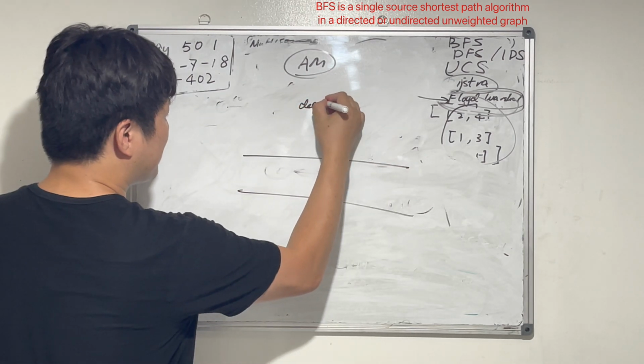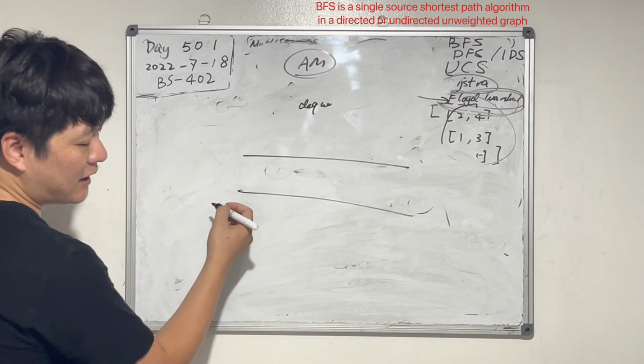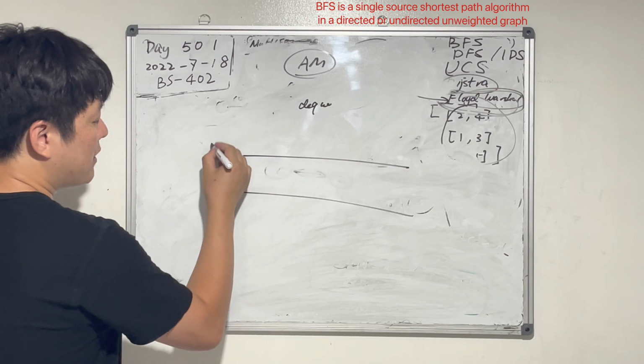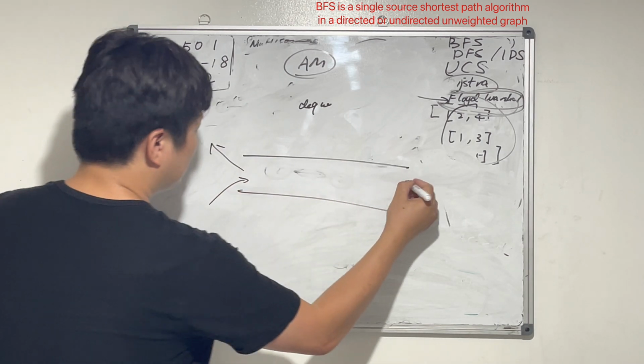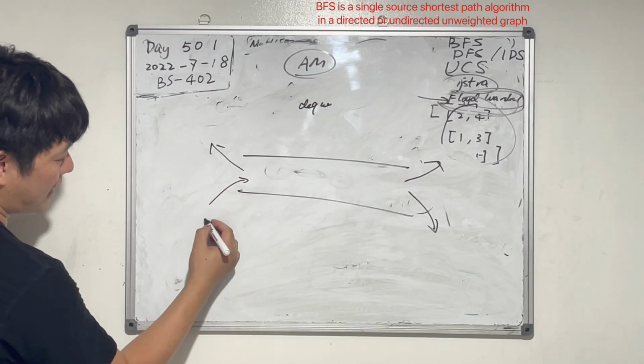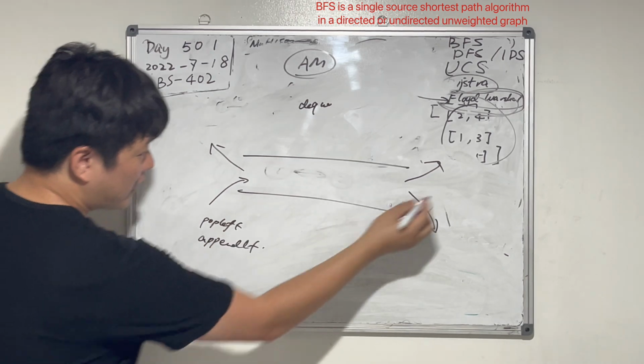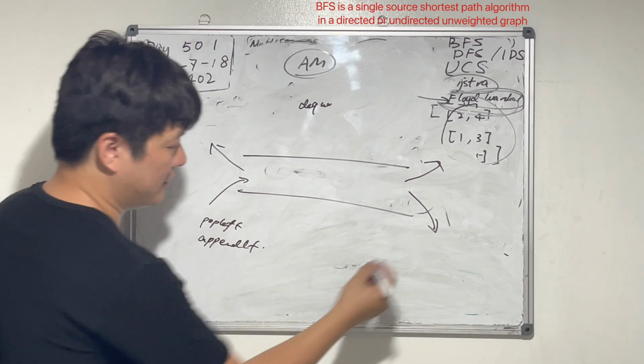For breadth first search, the queue: in Python, we use deque, double-ended queue. Deque means that we can do pop and append on both sides, left and right. On the left-hand side it's popleft and appendleft. On the right-hand side it's just pop and append.